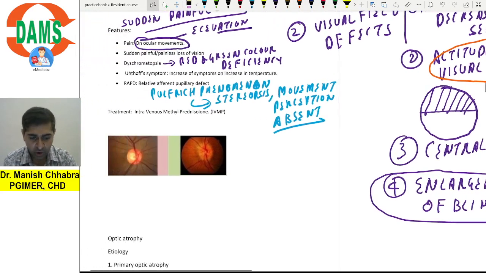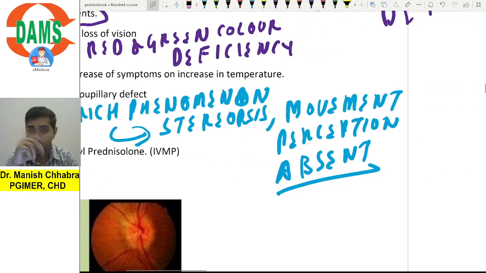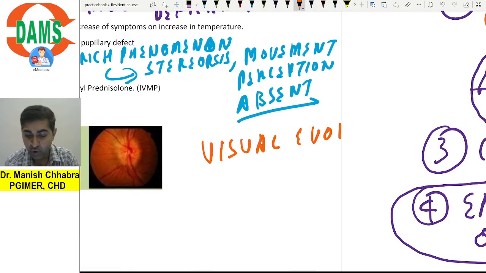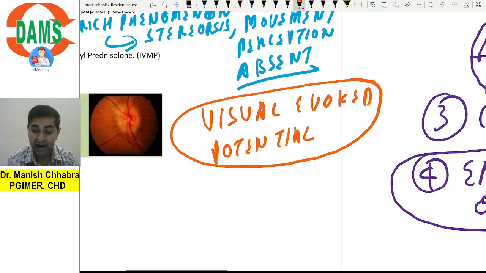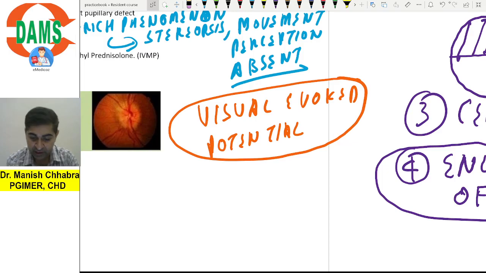Okay. All right. So we have already done this, you can go and check out the video. I am just recalling here. What is visual evoked potential? Visual evoked potential assesses the pathway of the optic nerve, or the pathway of vision. So visual evoked potential will have decreased latency.